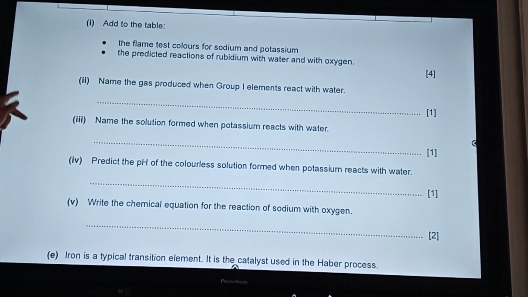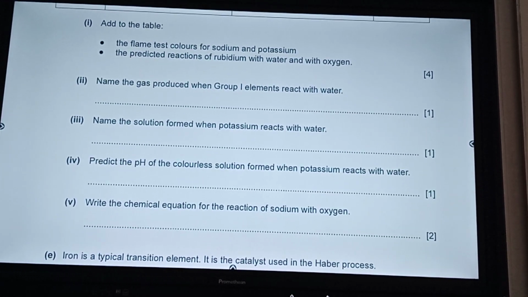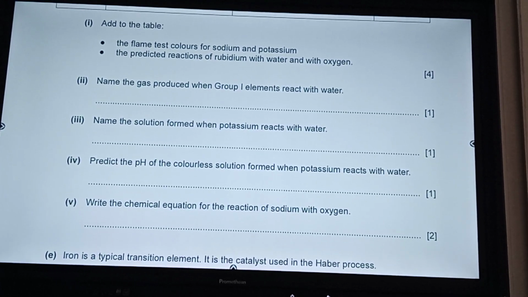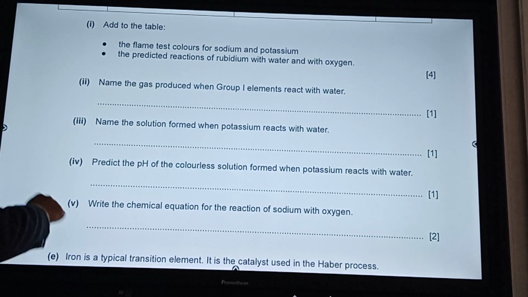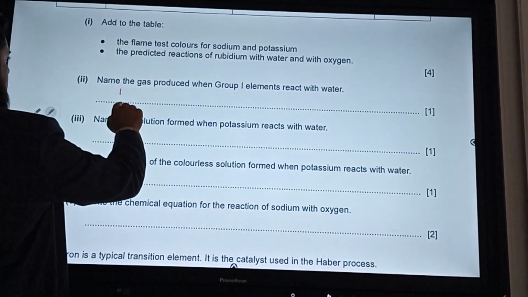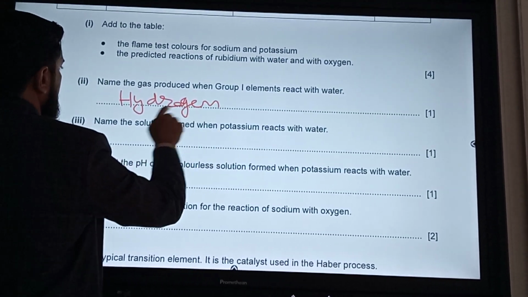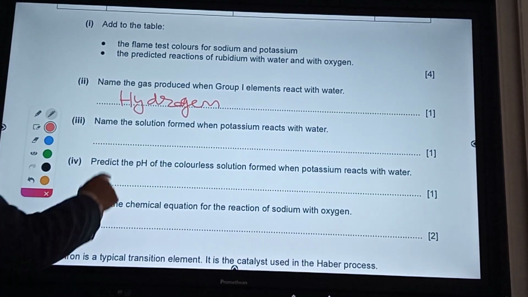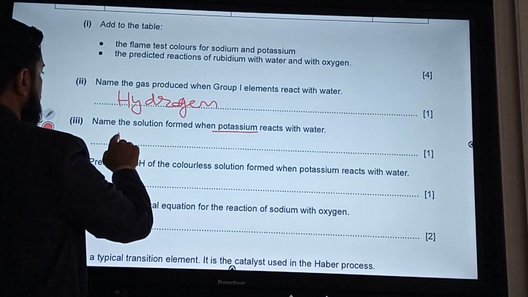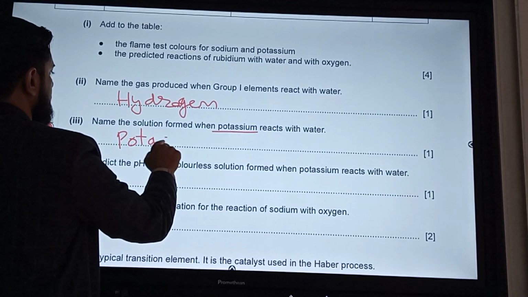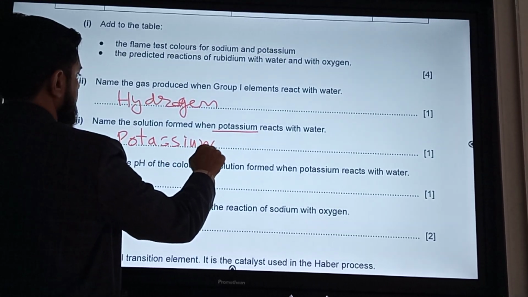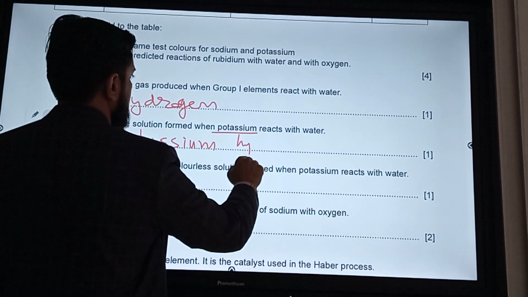Add to the table. So already we did this. Name the gas produced when group 1 elements react with water. So it is what? Hydrogen. Name the solution formed when potassium reacts. So we can say potassium hydroxide.